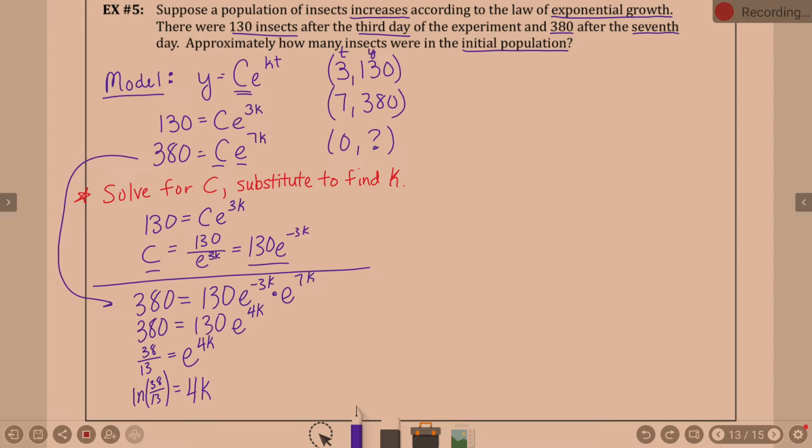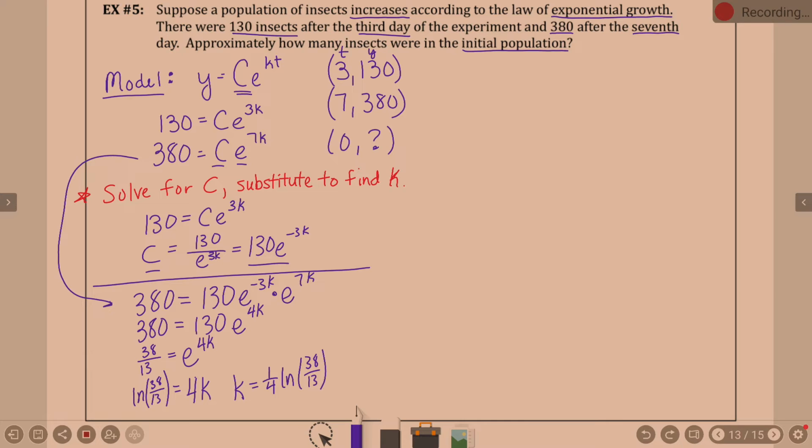Divide by 4. I mean, it's going to be ugly however you write it. I'm going to write it as 1/4 natural log of 38 over 13. Could you also write that as the natural log of 38 over 13 and then all over 4? Sure.